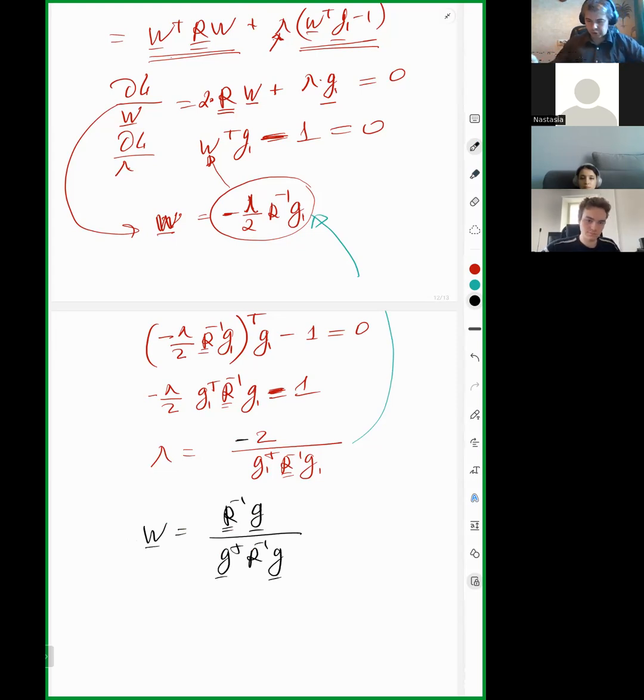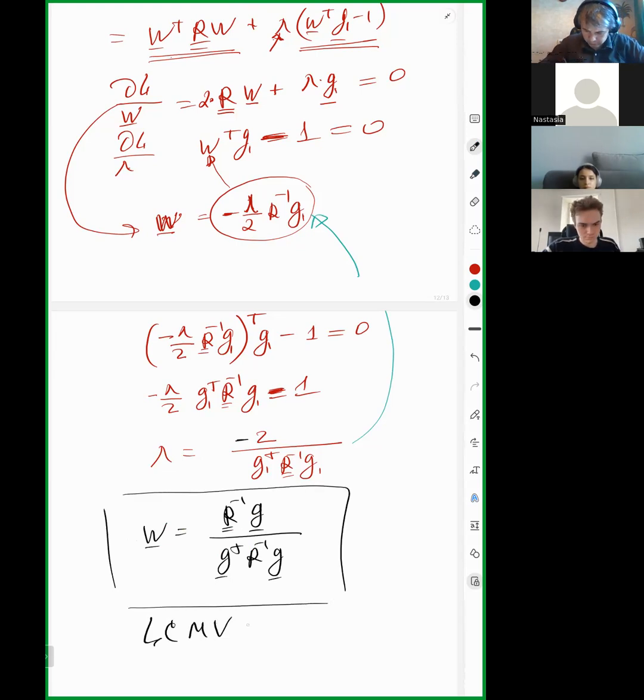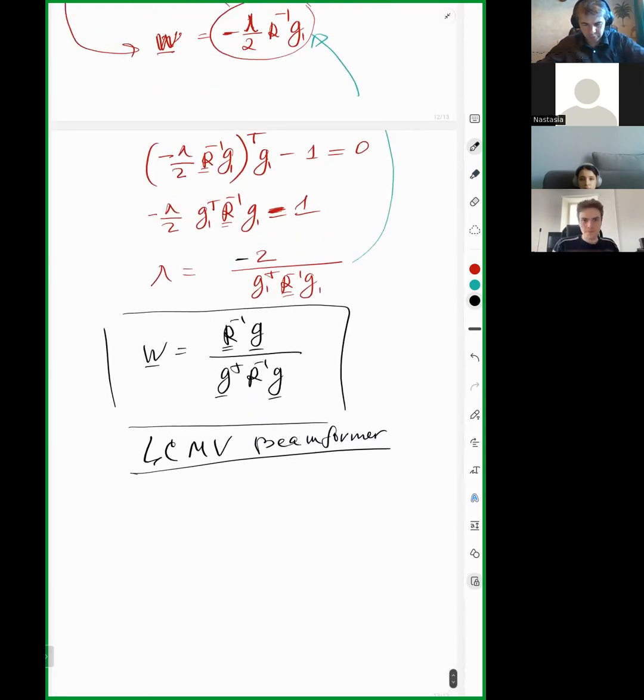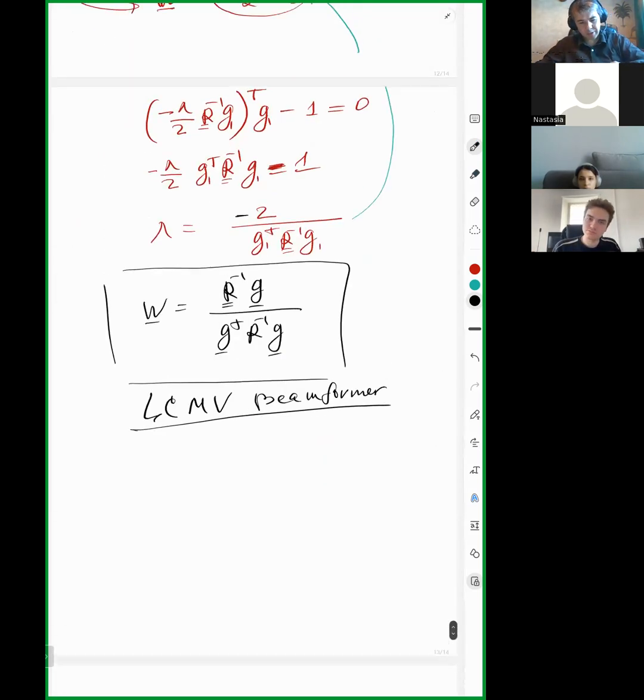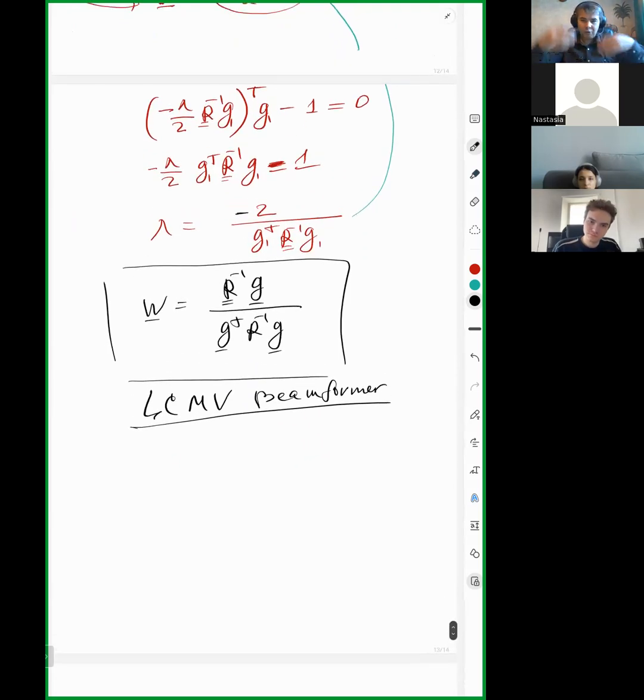And this is the expression for the linearly constrained minimum variance beamformer. So let's see what the difference is between what we have already seen so far and this animal, and let's see how this animal is actually working.